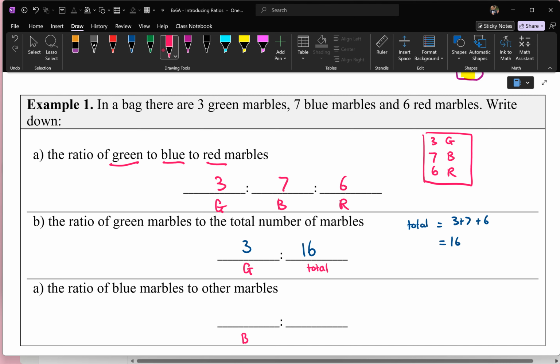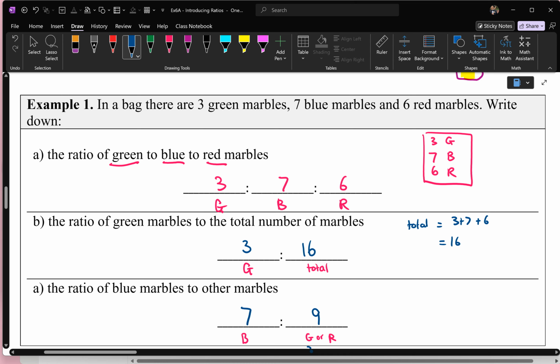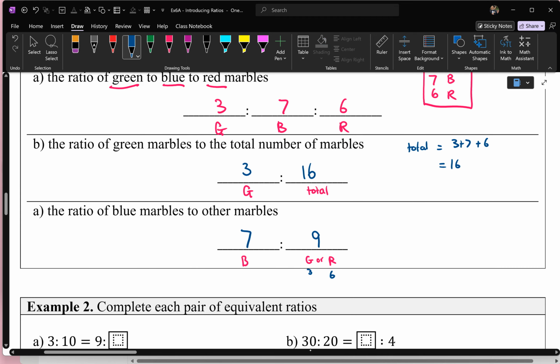Other marbles would be green or red. We've got 7 blue marbles. Green and red is 3 plus 6, which gives a total of 9.